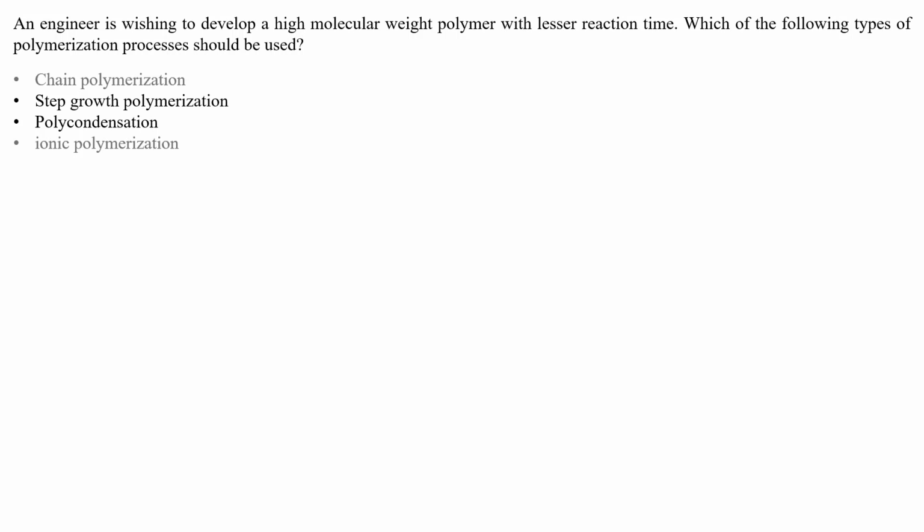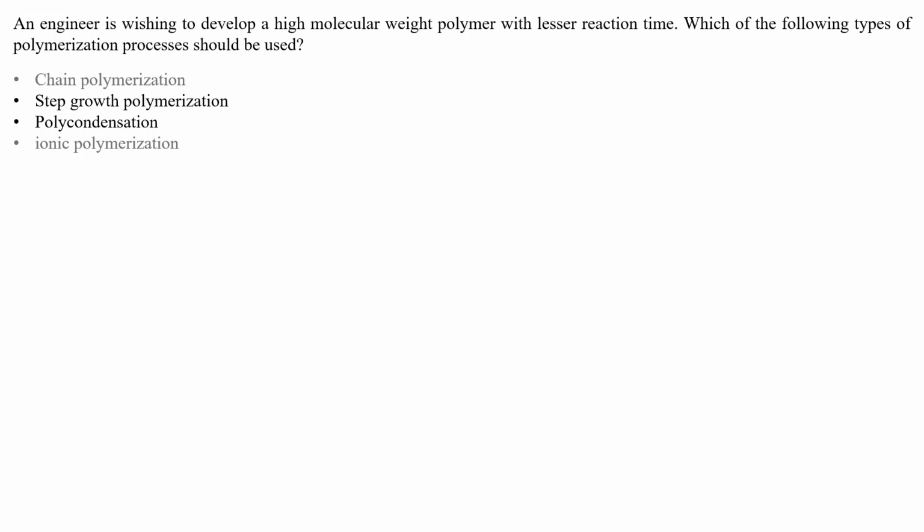In the step-growth polymerization process, the propagating species is doubled with every reaction step. Now, this can look like a high molecular weight polymer is achieved in a lesser reaction time, but the possibility of having a dead polymer or the recombination of the end groups is much higher in the step polymerization process.